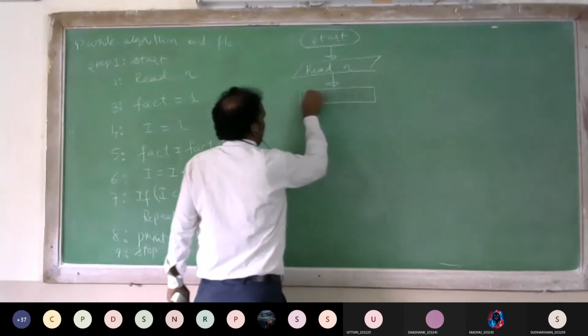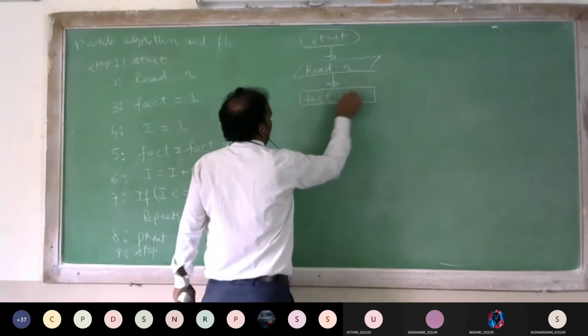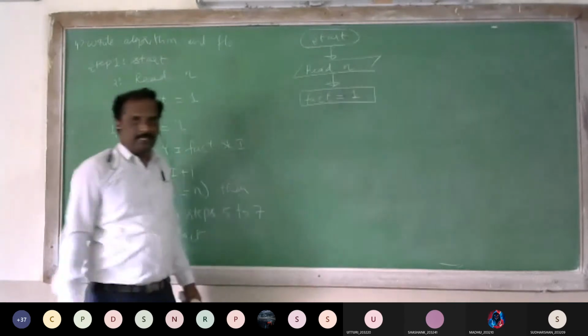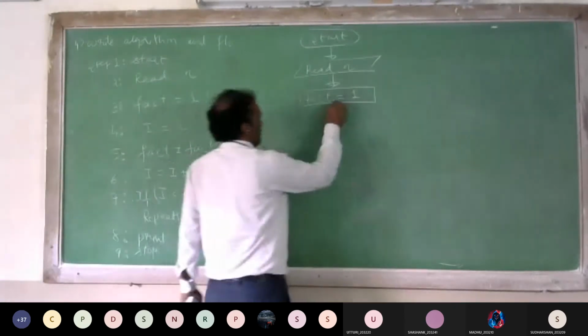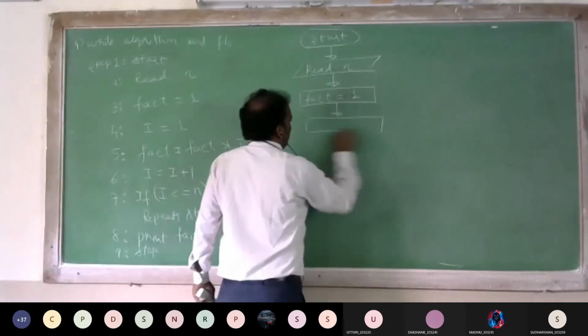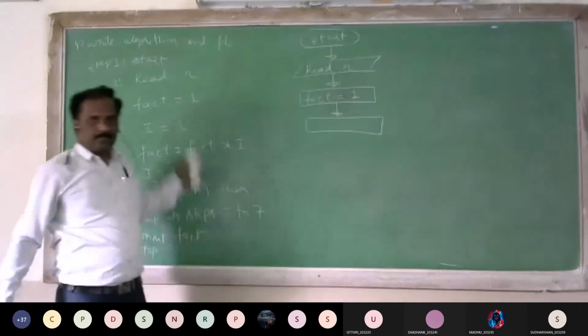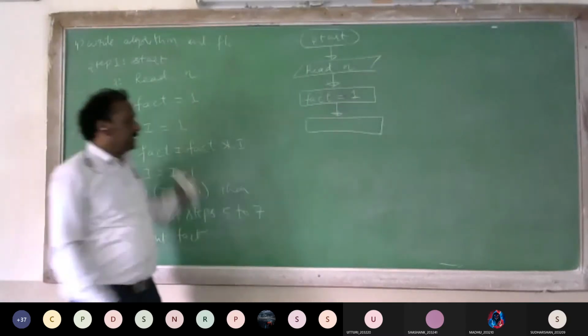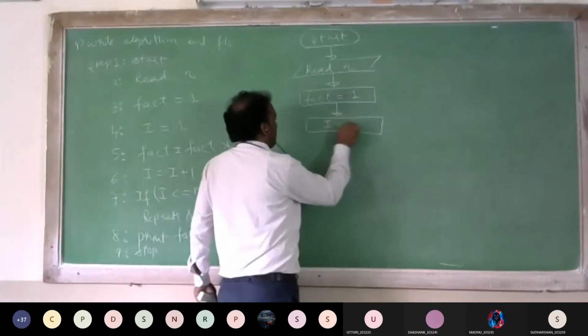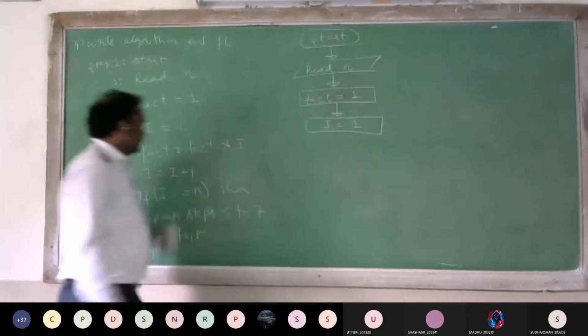This is an assignment. Assignment is also used as a calculation part. Rectangle: factorial is 1. I is equal to 1.